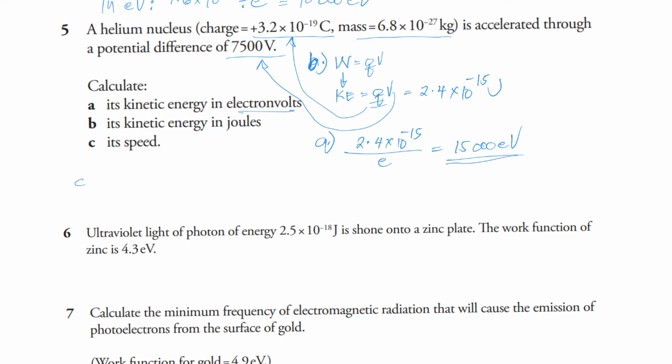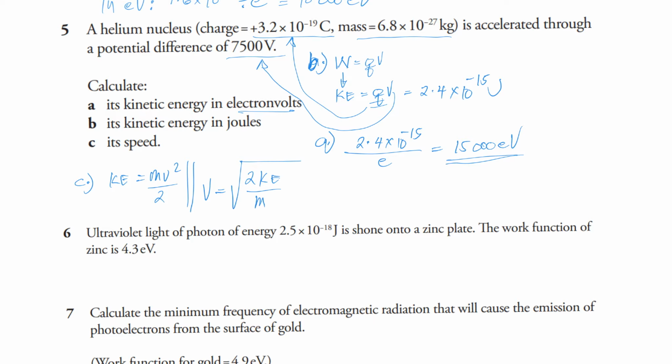Okay, the speed will be here. We have calculated the kinetic energy. Kinetic energy equals mv squared over 2. So from this formula we can have velocity is the square root of twice the kinetic energy all over the mass.